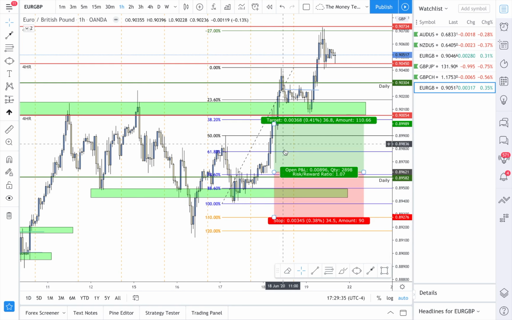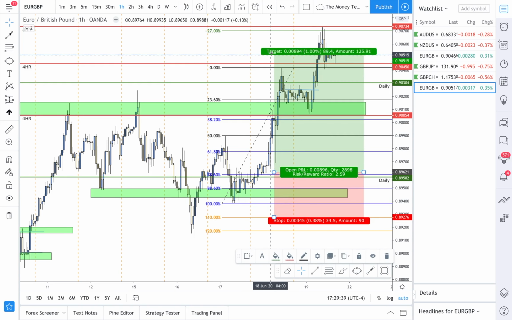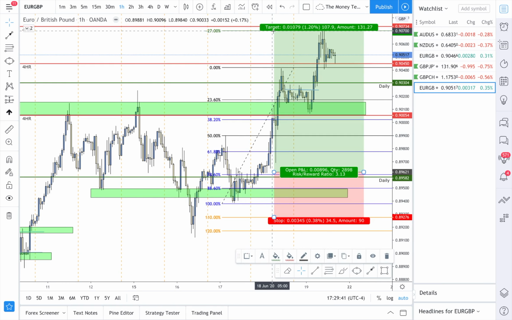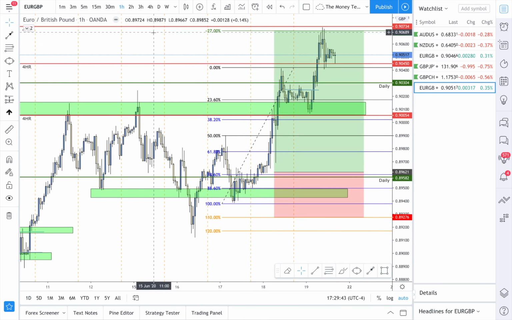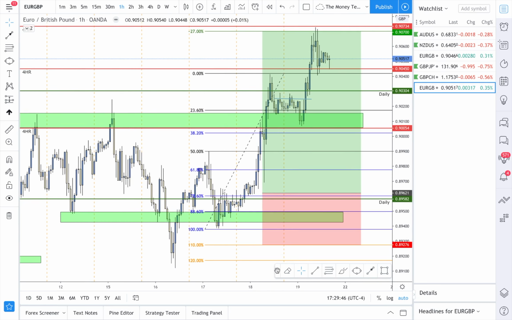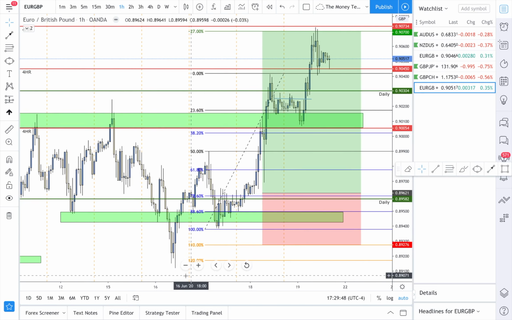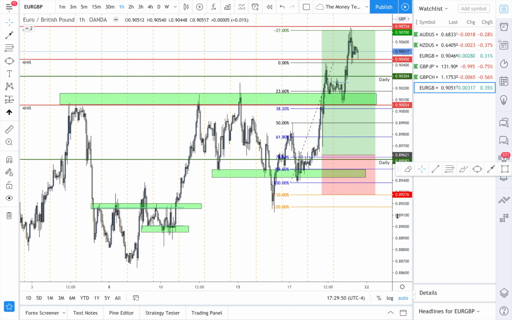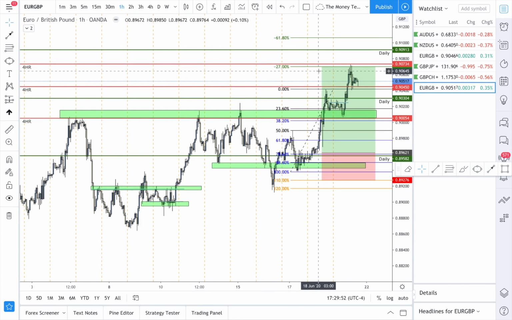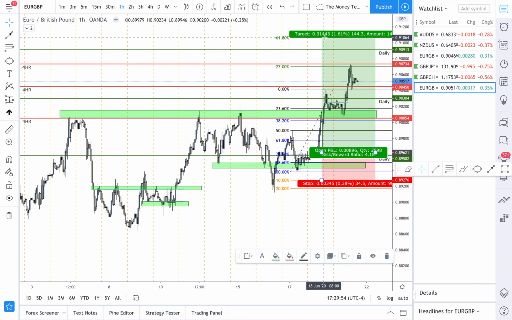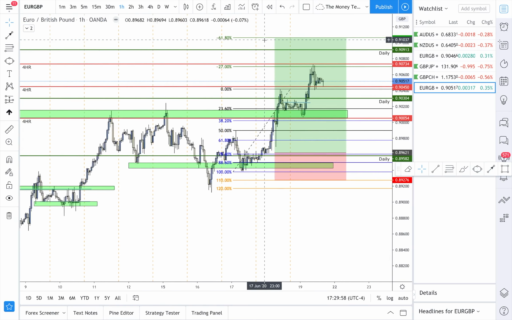And vice versa, when you want to set your TP, we set our TPs at the negative 27% right here, and that's the first take profit. The second take profits are at the negative 61.8%.